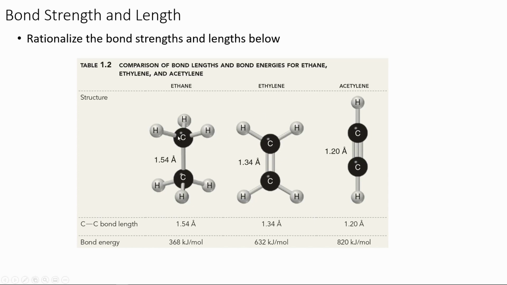We can see for ethane, this carbon-carbon sigma bond is 1.54 angstroms in length, and as we increase the percent s of the bond, going from sp3, 25%, to sp2, 33%, the length is getting shorter, and finally with acetylene, we have 50-50 s and p, and that's only 1.2 angstroms.